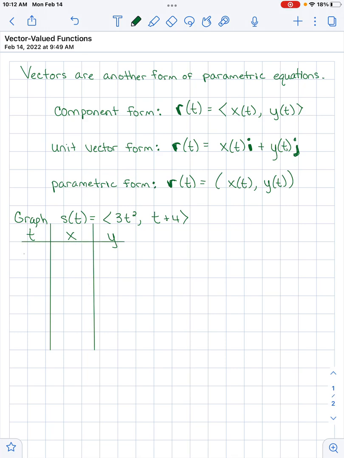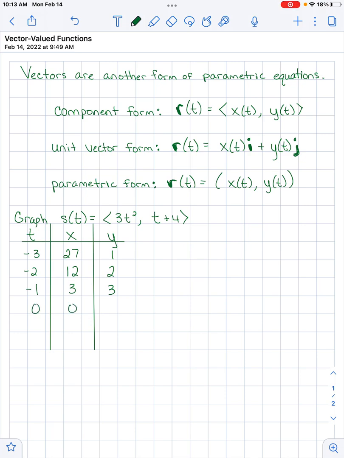I'm going to start with t equaling -3. -3 squared is 9 times 3. That's x coordinate is 27, and -3 plus 4 is 1, so y is 1. Then I'll plug in -2. -2 squared is 4 times 3 is 12, and -2 plus 4 is 2. And if I plug in -1, -1 squared is 1 times 3 is 3, and -1 plus 4 is 3. And we keep going from there.